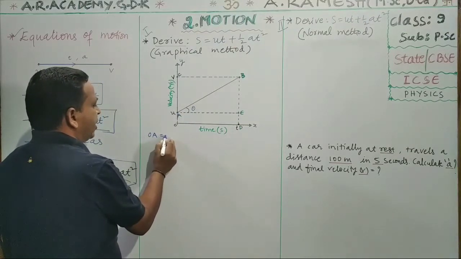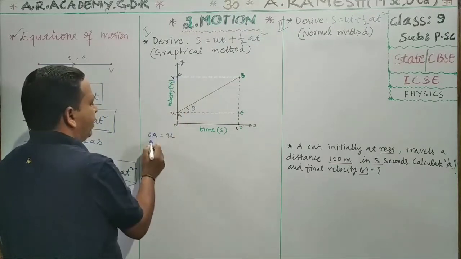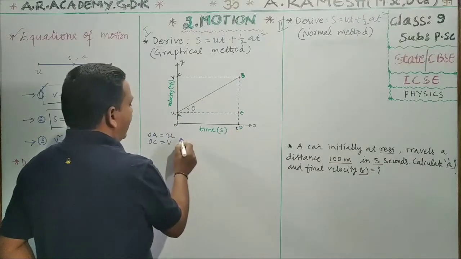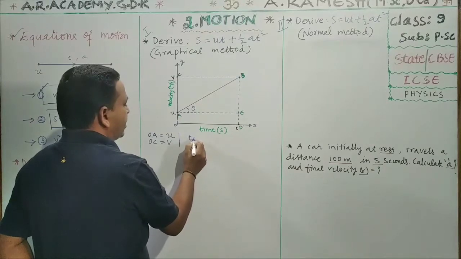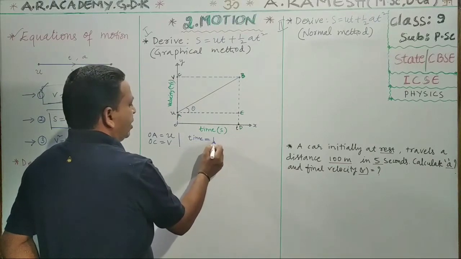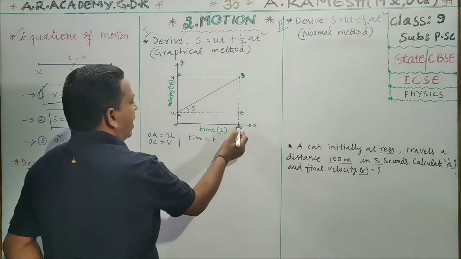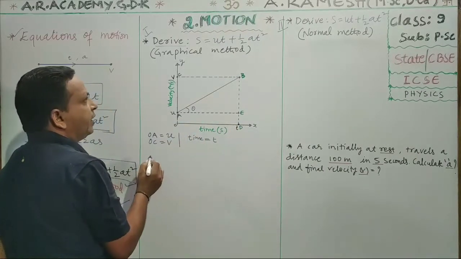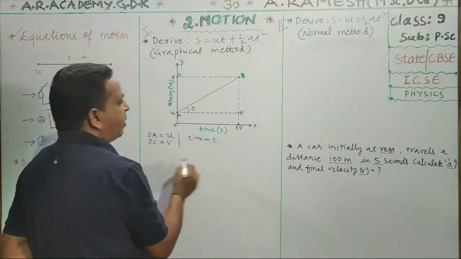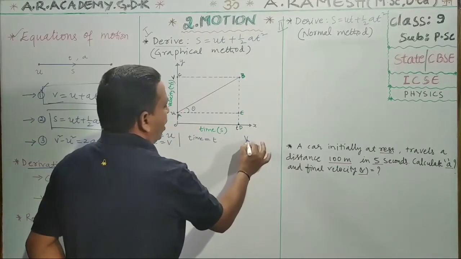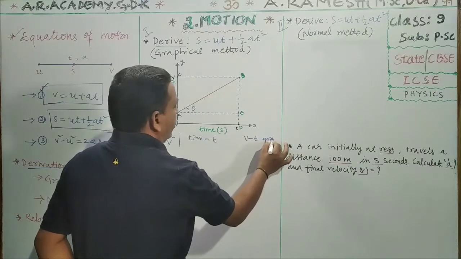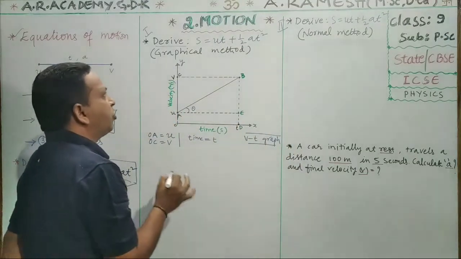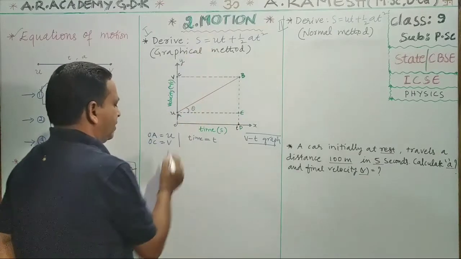The time taken is t, and the body is traveling with uniform acceleration A. This graph is called a velocity time graph. From this velocity time graph, we have to find the distance traveled S.